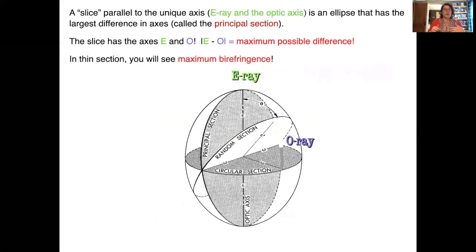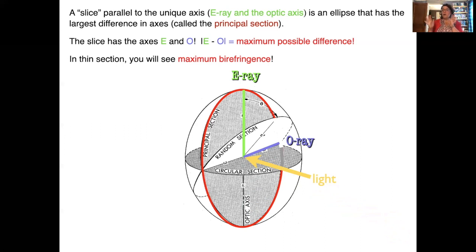Okay. A slice parallel to the unique axis, meaning light is traveling from right to left in this image, will see the O ray and the E ray, and you will see the principal section.